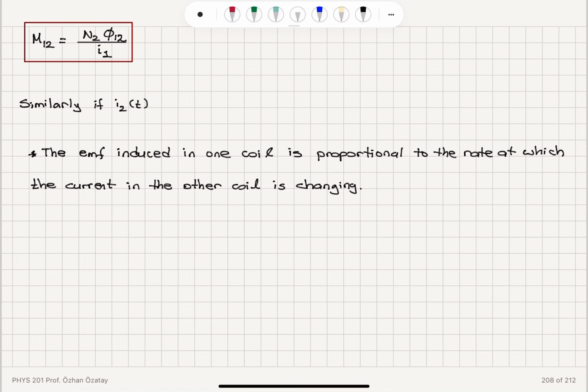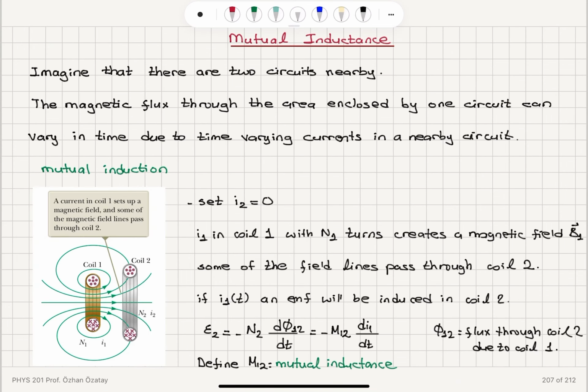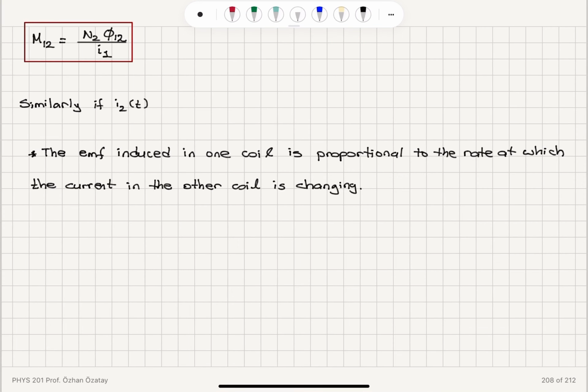Now similarly, if I have a time-varying current on coil 2, this will create a magnetic field going through coil 1 and will induce an EMF. And therefore, I will see that the induced EMF on coil 1 will now be, using Faraday's law, minus the number of turns N1 d phi21, the flux on coil 1 due to coil 2, dt, which is minus M21, the mutual inductance, times di2 dt.